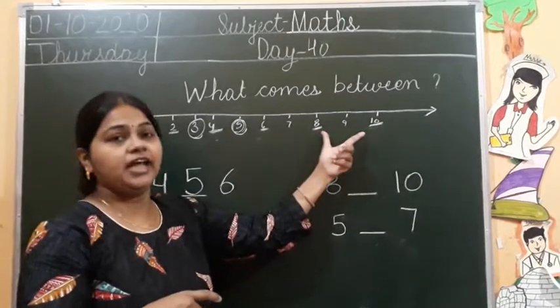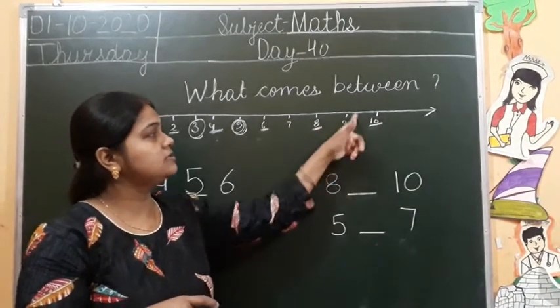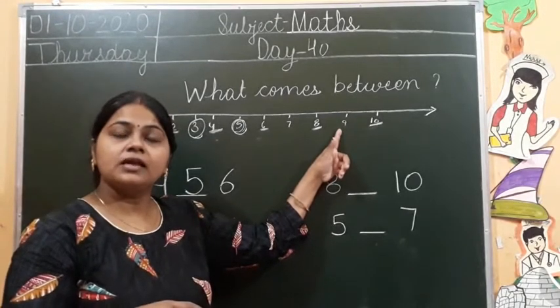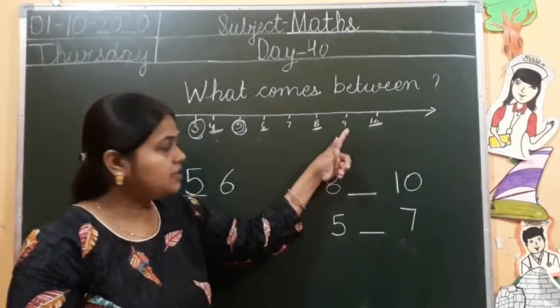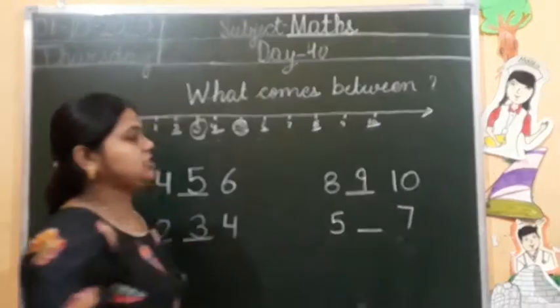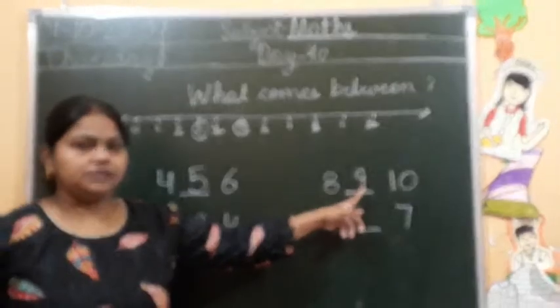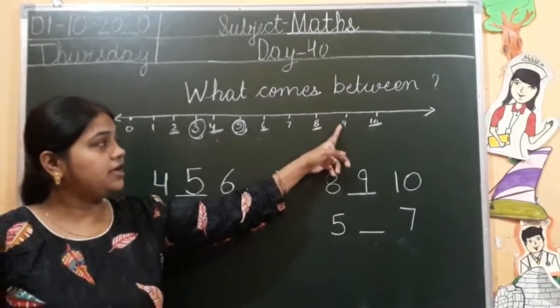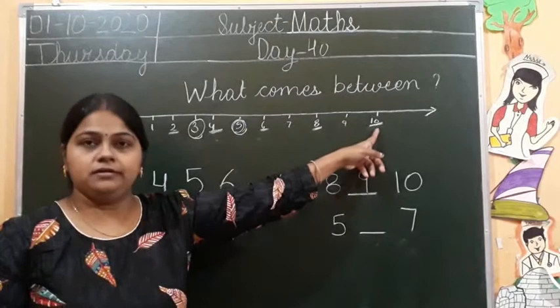Between 8 and 10 which number comes? Read this number. 9. So I am going to write 9 this place. 8, 9, 10. Now read 8, 9, 10.